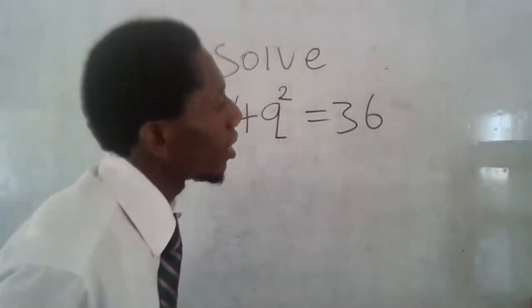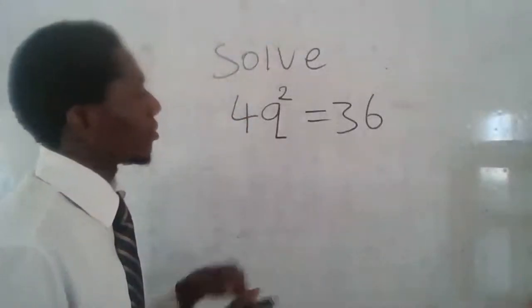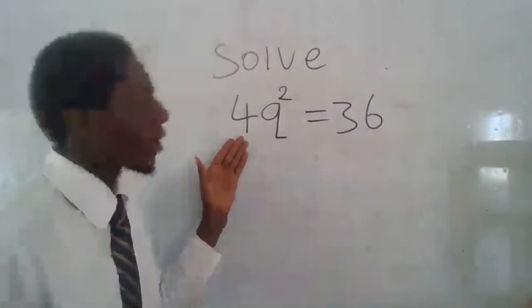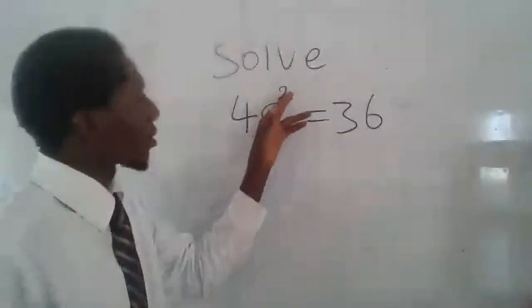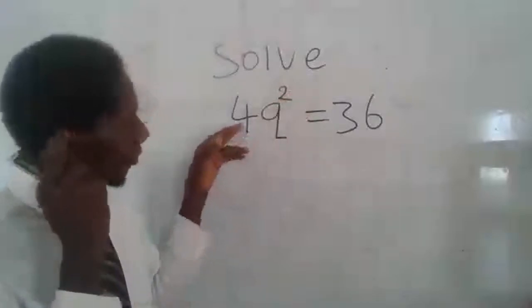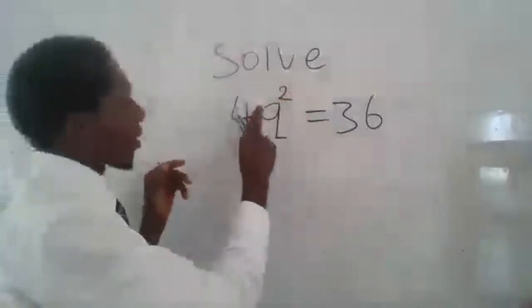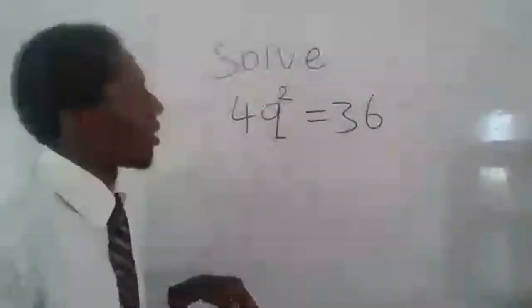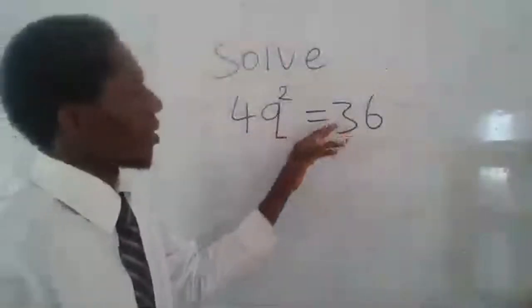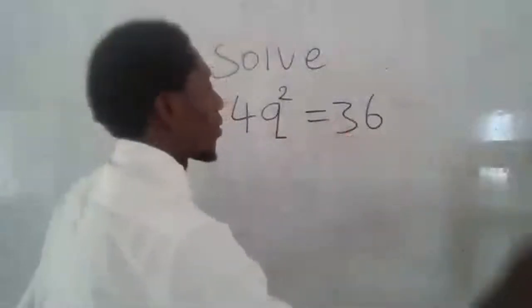So let's say if you have 4q squared. Now the 4 here isn't squared, it's only the letter q that is squared. And then we have equals to 36 here.